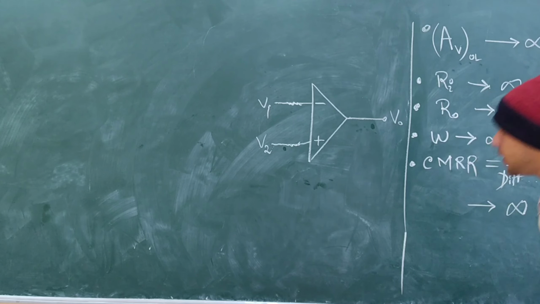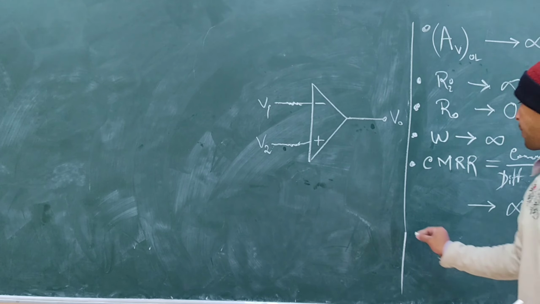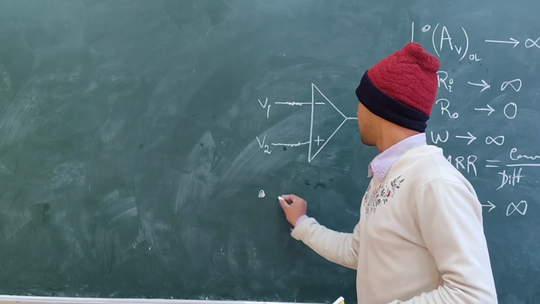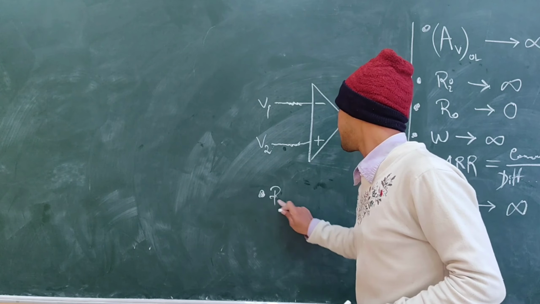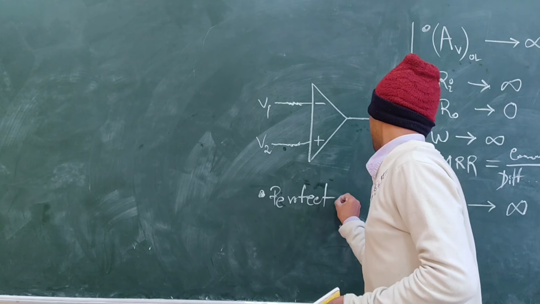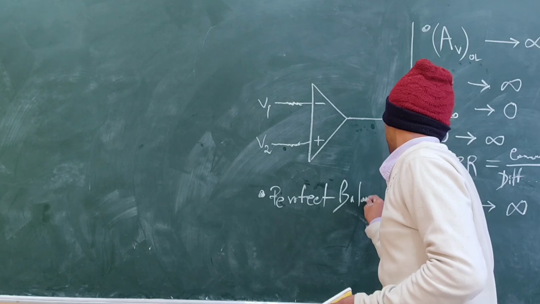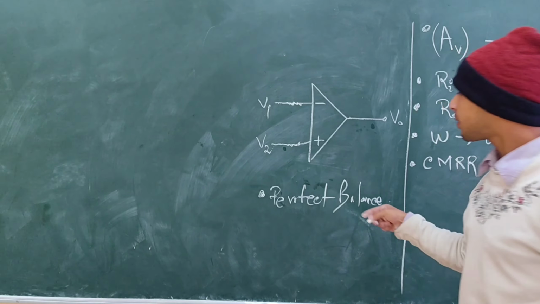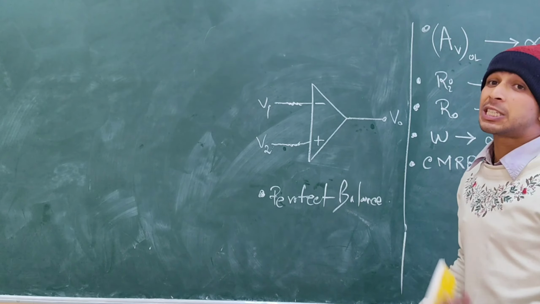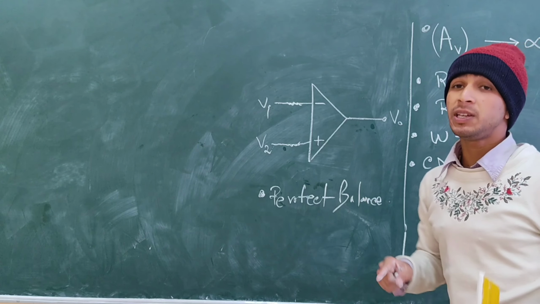And the last property of an ideal op-amp is perfect balance. What is meant by perfect balance? Perfect balance is that condition if inputs are same, in that case, output will be 0.